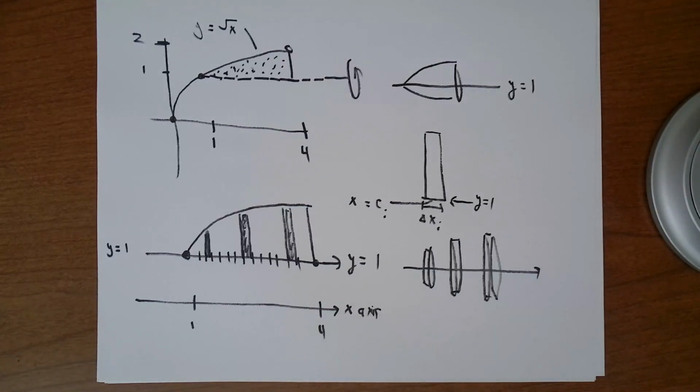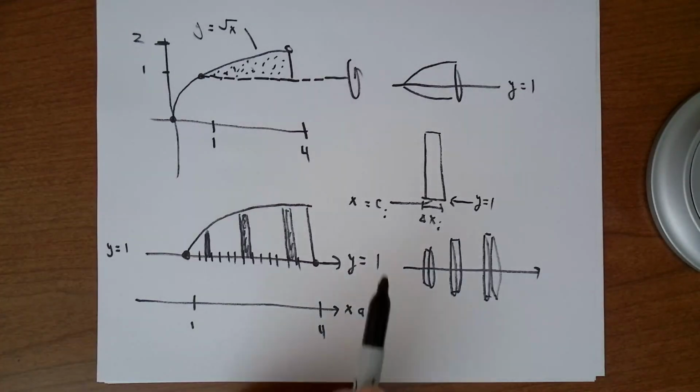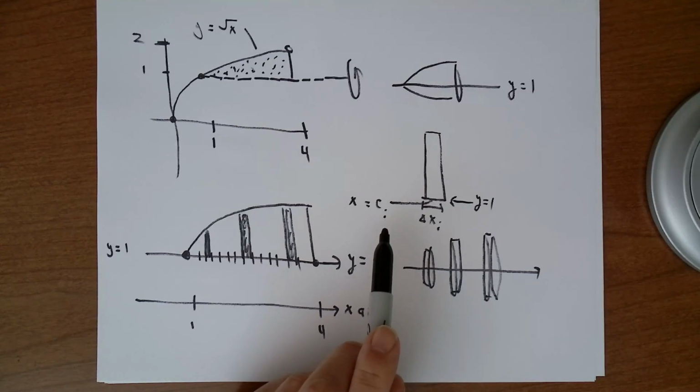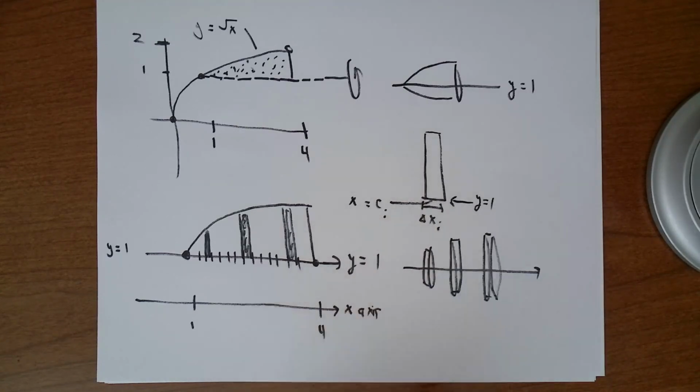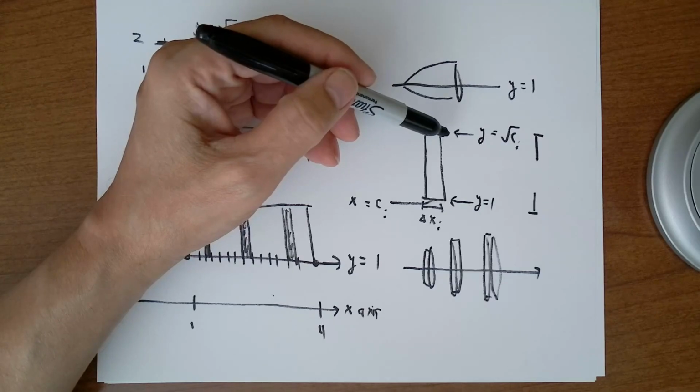The upper y, the higher up one, is the y coordinate on the graph, y equals square root of x, that goes with my representative x number. The upper y coordinate is square root of c i. The lower y coordinate is 1.